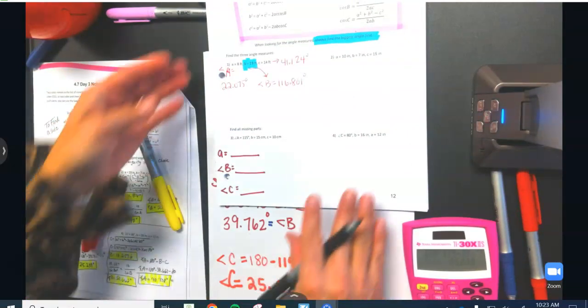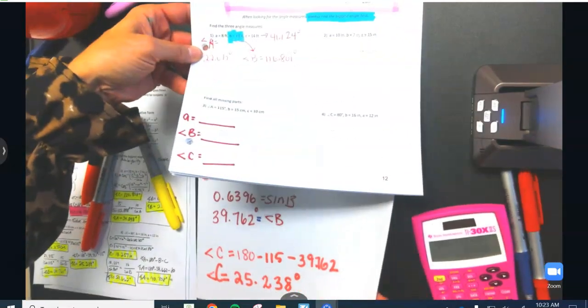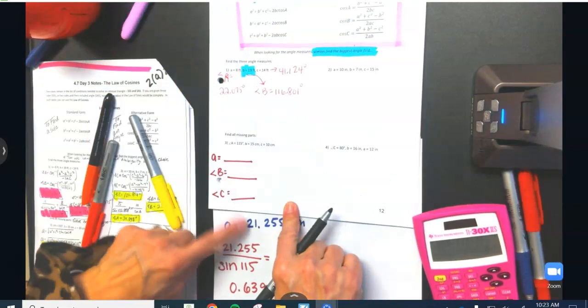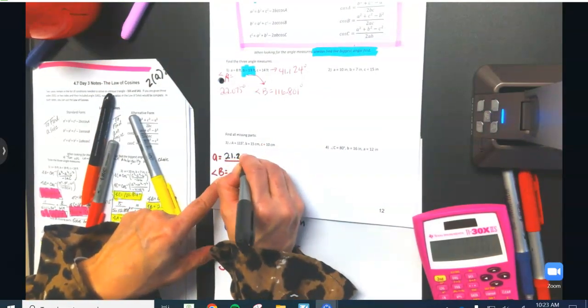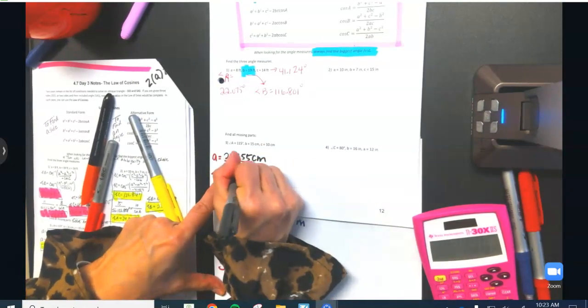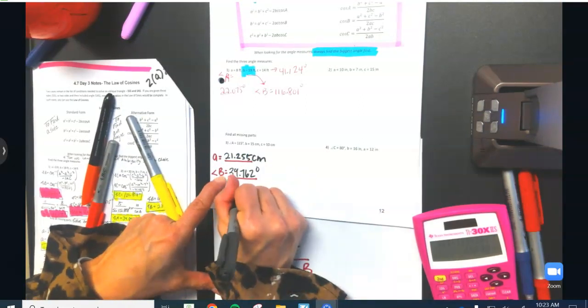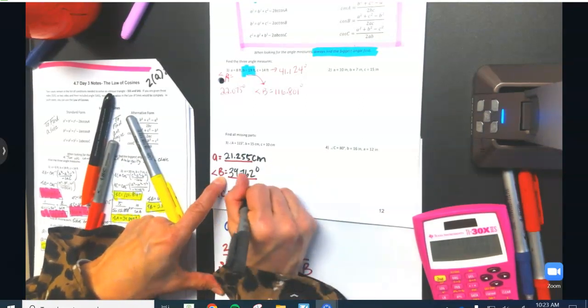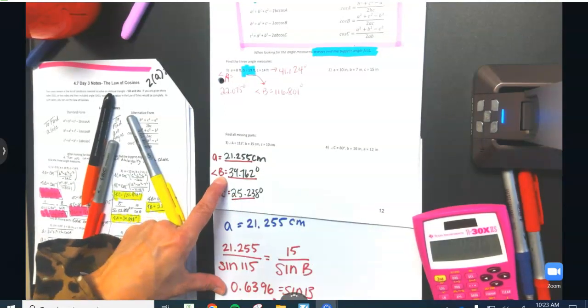All right. So remember, I'm just going to recopy this, fill in the answers here. Leg A was 21.255 centimeters. Angle B was 39.762 degrees. Angle C was 25.238 degrees. And that's it.